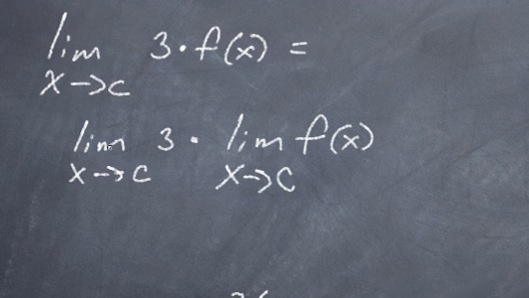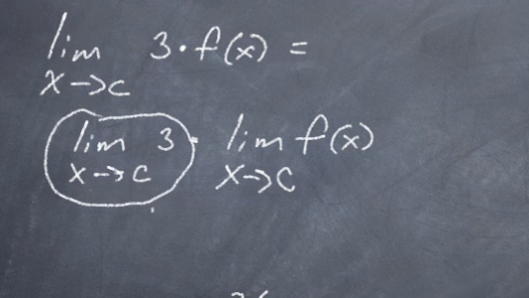Now we said that the limit of a constant is just the constant. So this whole thing right here is equal to 3, and of course we've defined that as being equal to 4, therefore we get 12.